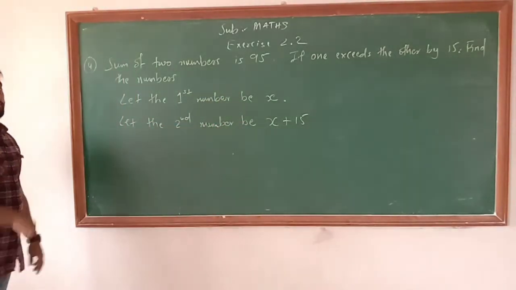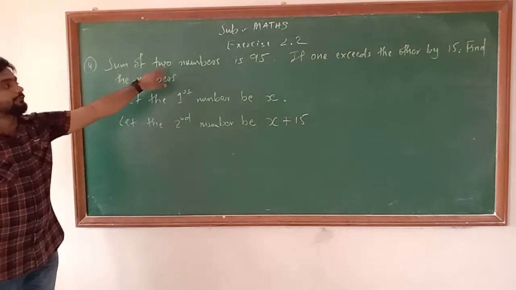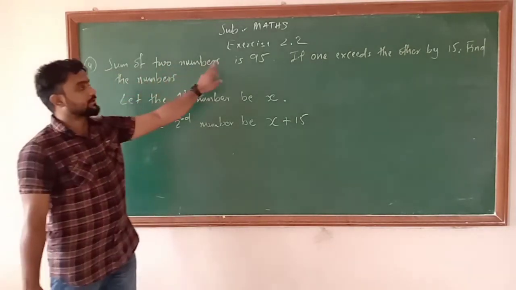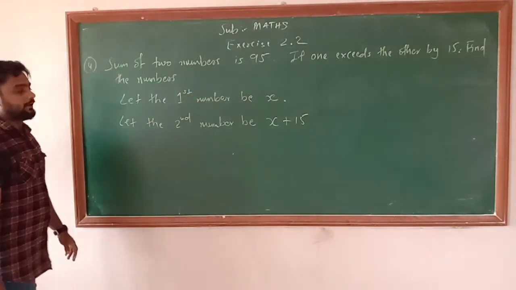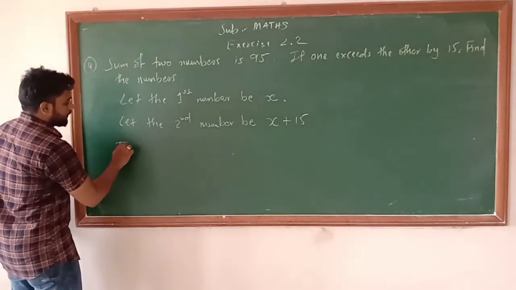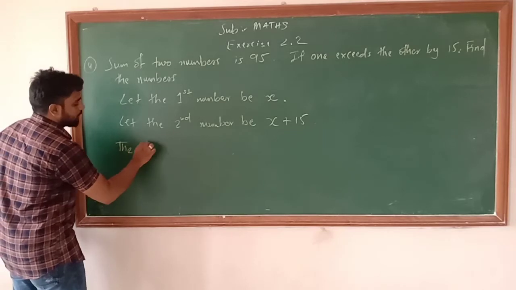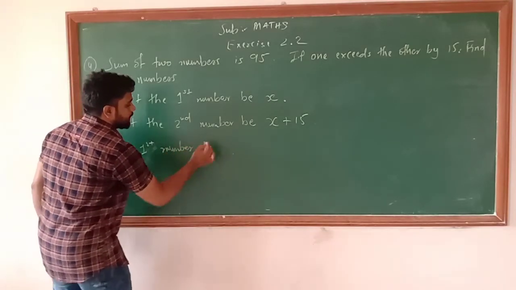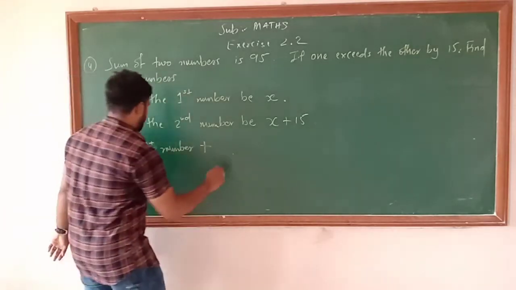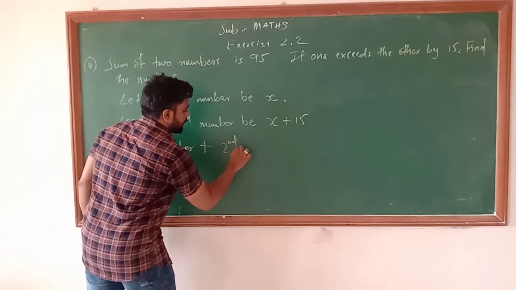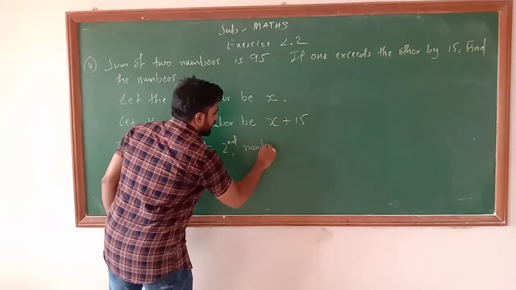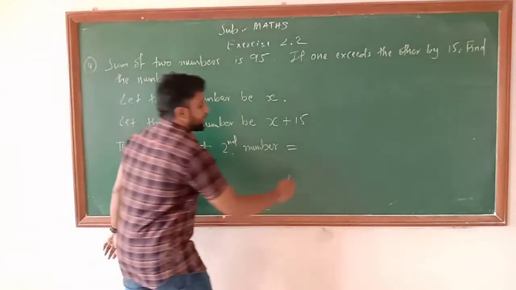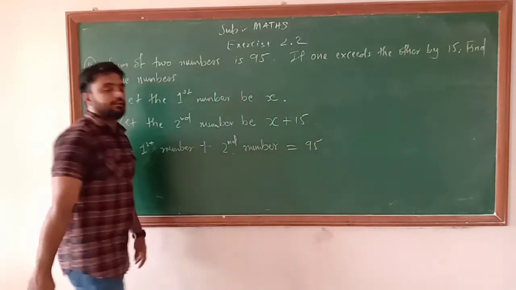Now what is the question given to you? Sum of two numbers means how much are both the numbers? Sum of two numbers is 95. That is the first number plus second number is equal to how much? What is the addition of both numbers? 95.